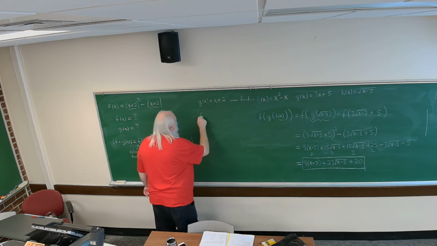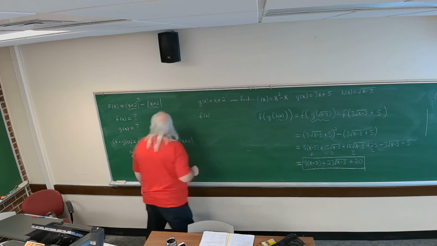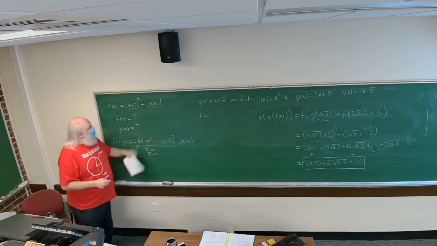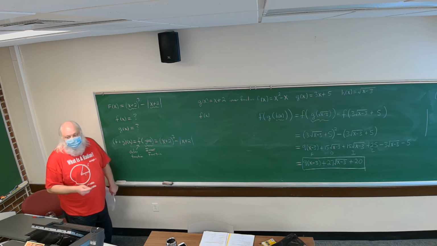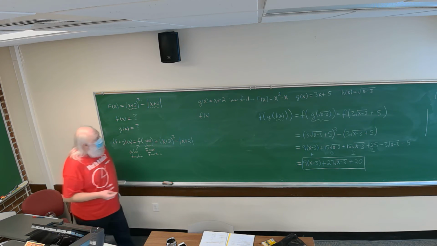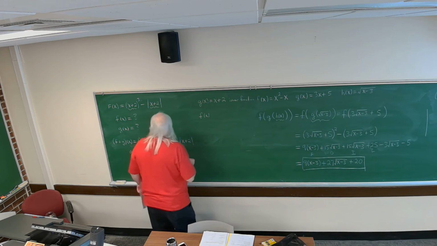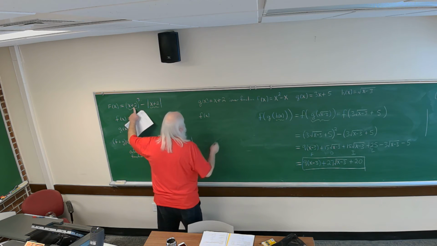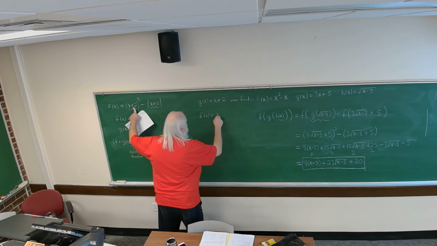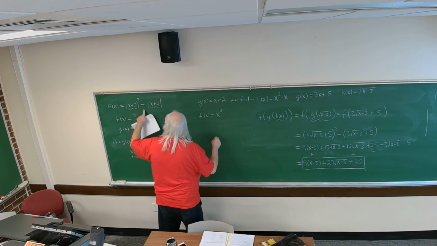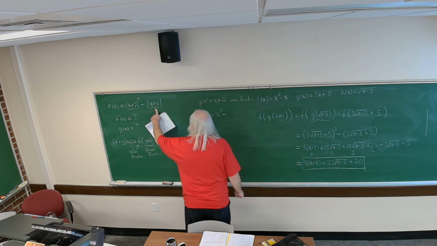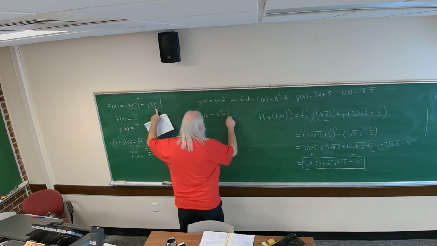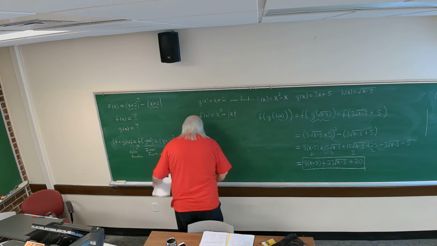And then to find the outer function, f of x, what you do is you replace x plus 2 with x. And that gives you the outer function. Okay? So when you replace x plus 2 here with x, you end up with x cubed. And then when you replace x plus 2 inside the absolute value bars with x, you end up with the absolute value of x.